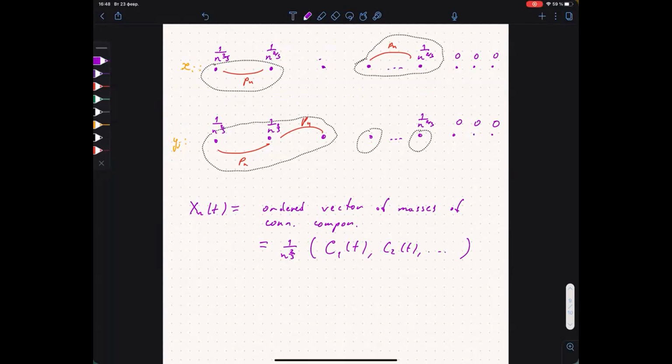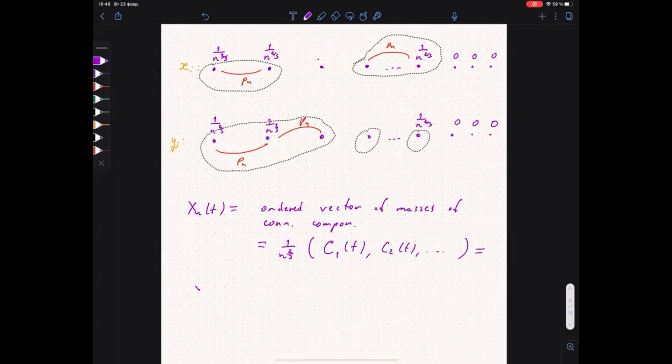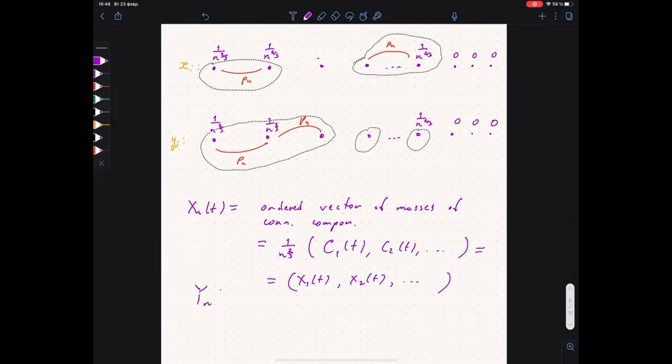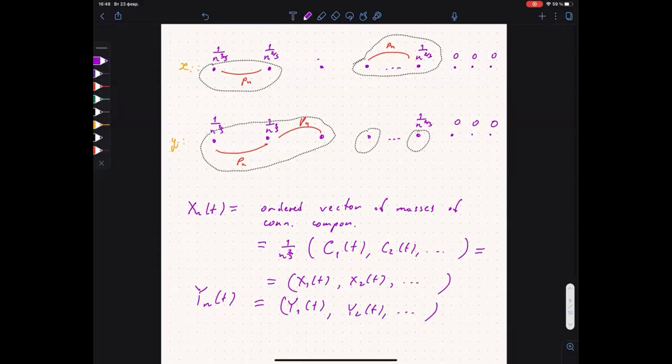And we do the same for the second graph. Let me denote that vector by y1 of t, y2 of t, and so on.